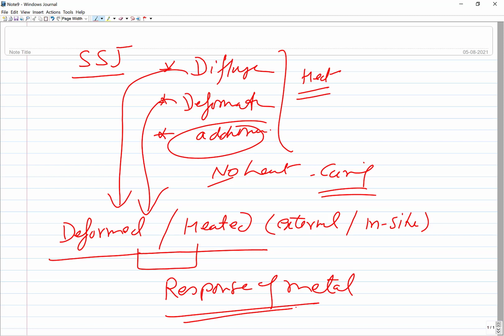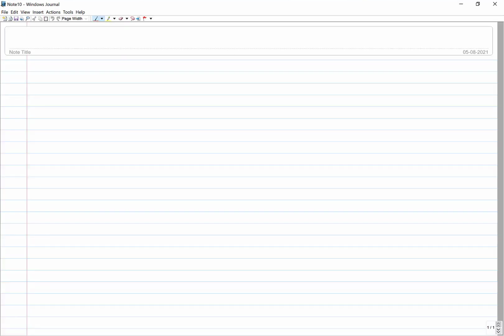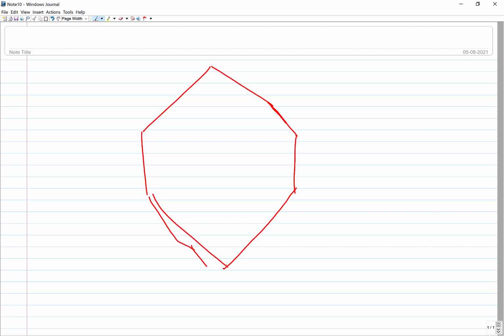This has to be seen with care. It is not equal for all metals. So what we have here is like this. Okay, how many corners have I got?